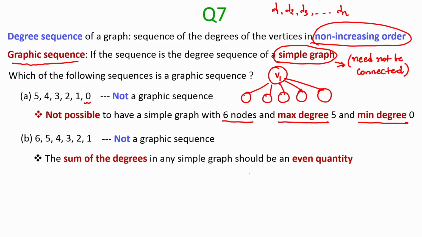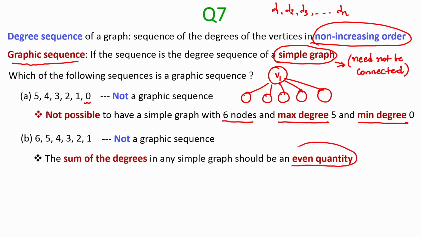One simple way is that the sum of the values given in this sequence is not an even quantity. We know that for any graph, it need not be a simple graph, the sum of the degrees of all the vertices is twice the number of edges, which is an even quantity.